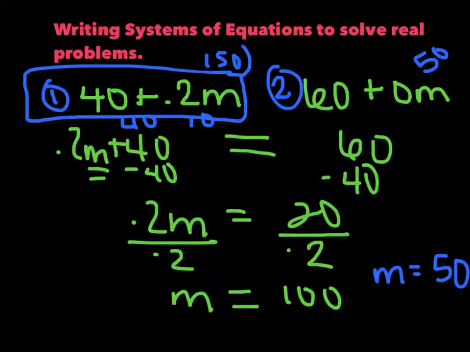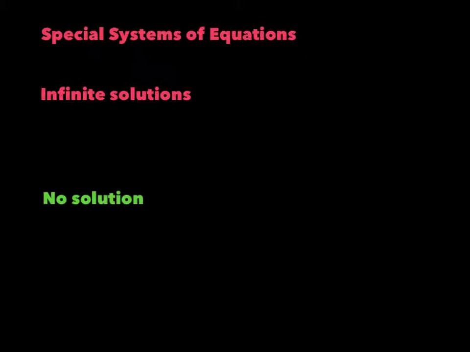All right, next part. Two special things to consider when graphing equations. Remember that anytime you graph two equations and they make the same line, it means that every single point on those two lines would be a solution.